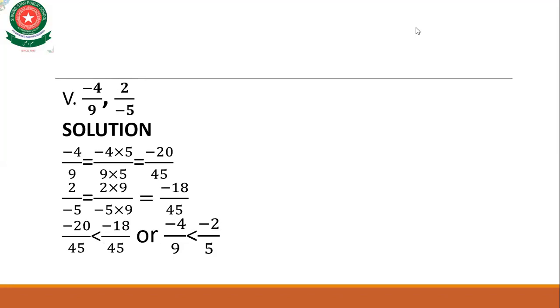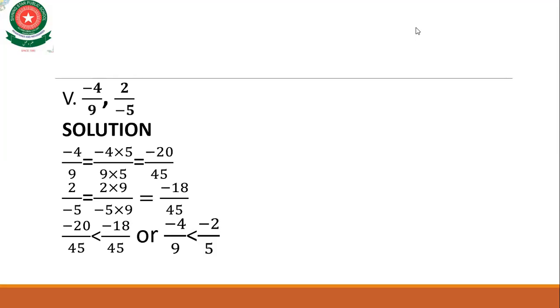Now part number 5. Minus 4 by 9 and 2 by minus 5. Again we have to take the LCM of 9 and 5, and we will get the answer 45.